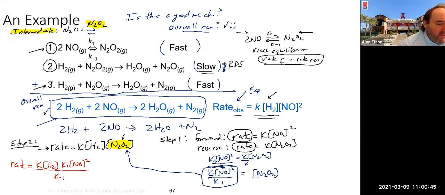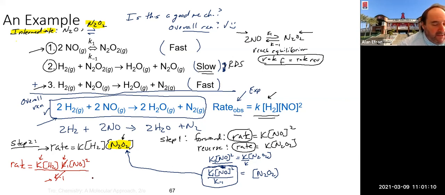Now, we could actually do some cleaning up here. The K here, the K here, and the K here are all rate constants, which means a rate constant is a constant number, so although we don't know what it is, we do know that at least one of them on top and one on the bottom will cancel each other out.